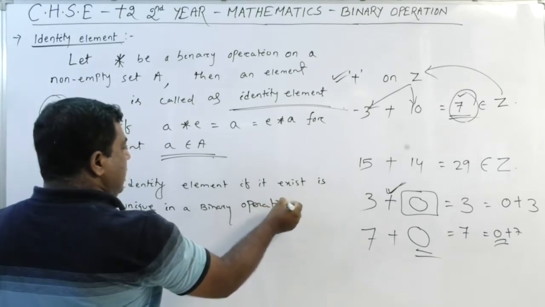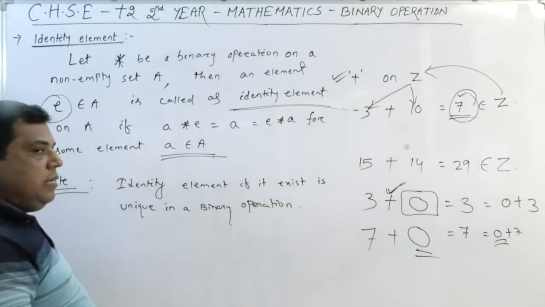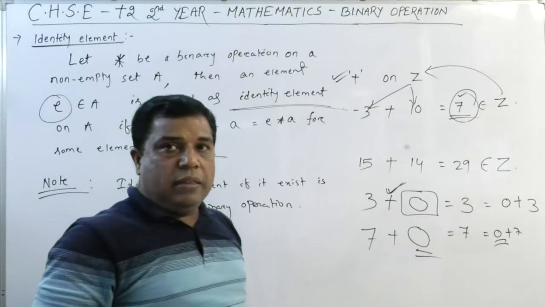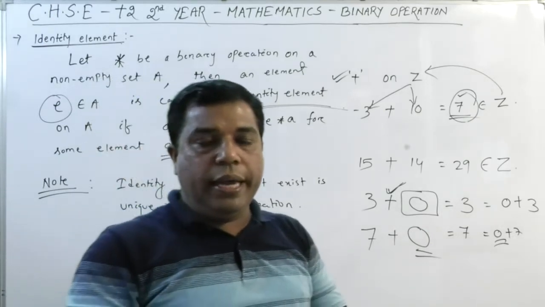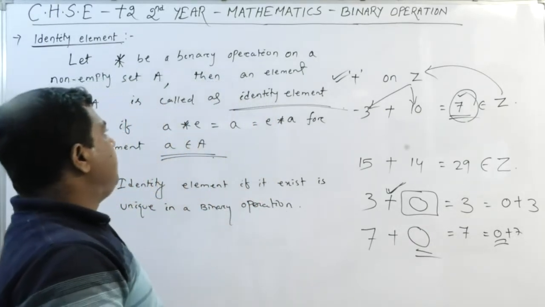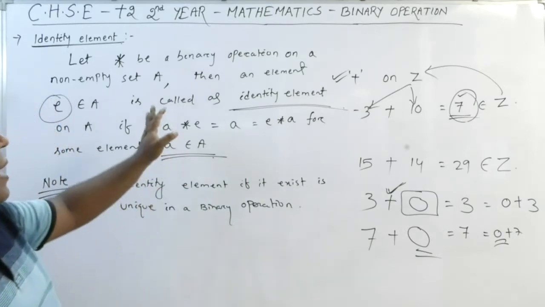So we can see in a binary operation, the identity element, if it exists, is unique in nature. So this is the concept of the identity element.